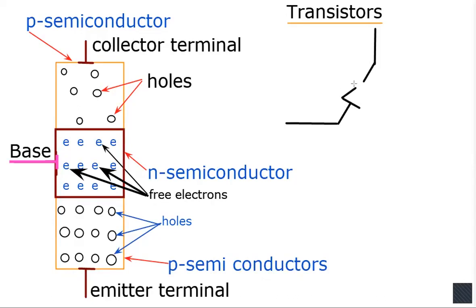Don't draw it, just don't draw it. There's an arrowhead like this. This arrowhead indicates the direction of the forward bias current through a diode. So what is the direction of the forward bias current of a diode? P to N or N to P?